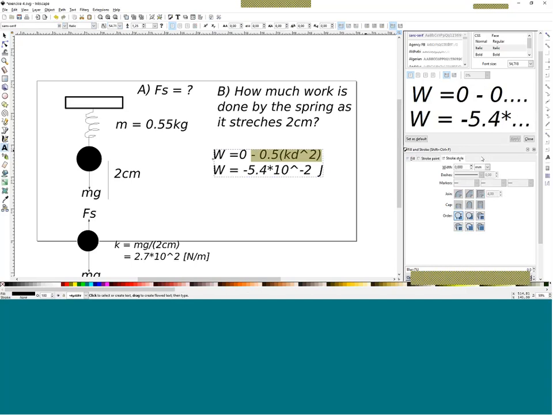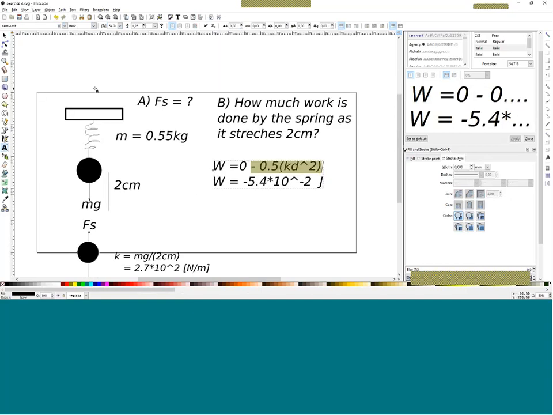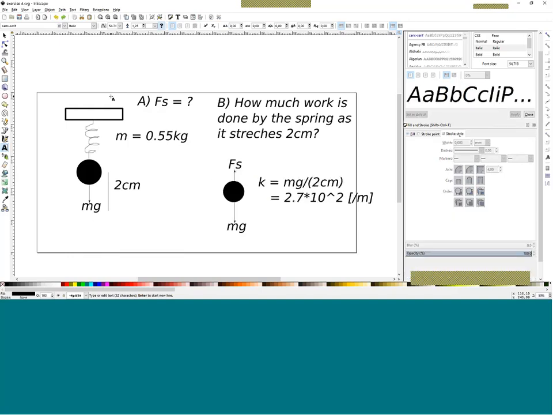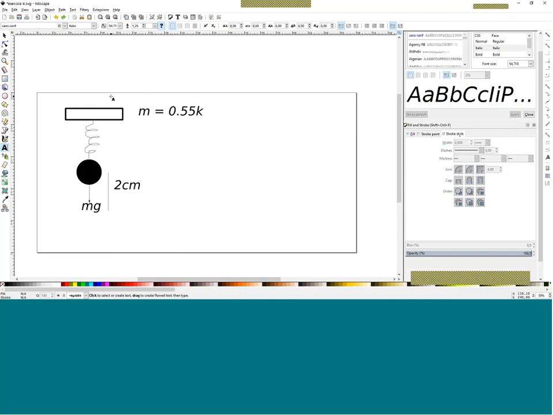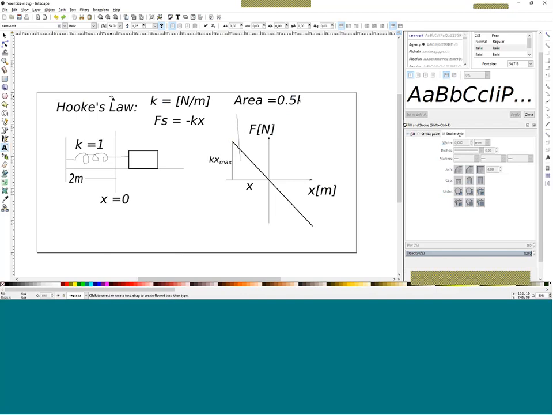Why is it half k x squared? Just real quick, let me refer to the diagram we did. Let me save and then go back. I'll get right to you, but I think this is an important point. So here, this is why it's half k x squared.